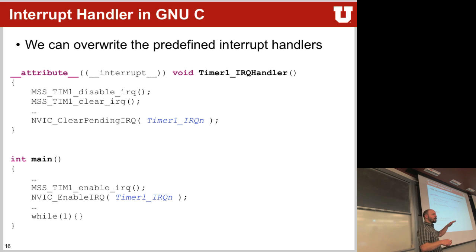And now instead of going to that infinite loop in that predefined function, when an interrupt happens, you will jump into your own interrupt handlers. Then inside the interrupt handlers, you have to do all your handling. In this case, we disable the timer interrupt, we clear the timer interrupt. So we go to that RIS interrupt there and write a 1 into it to actually turn it off. And then we have to clear the pending interrupt in the NVIC to re-enable them later on.